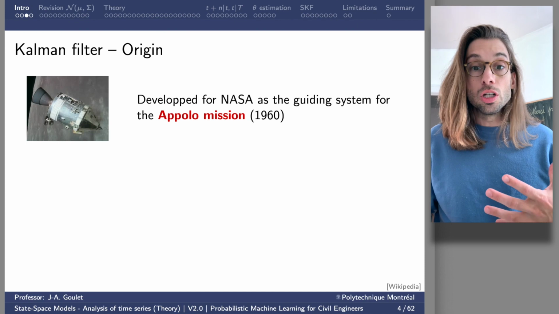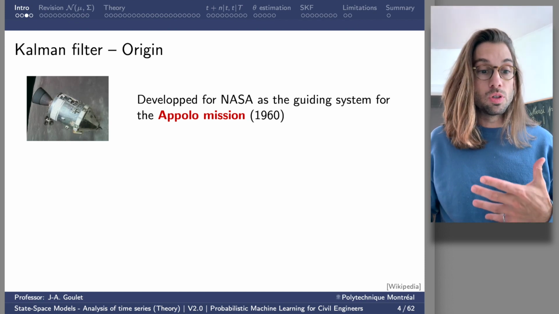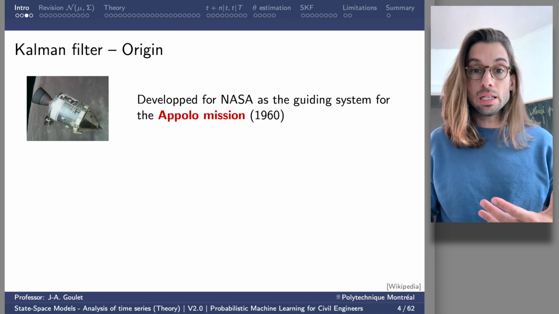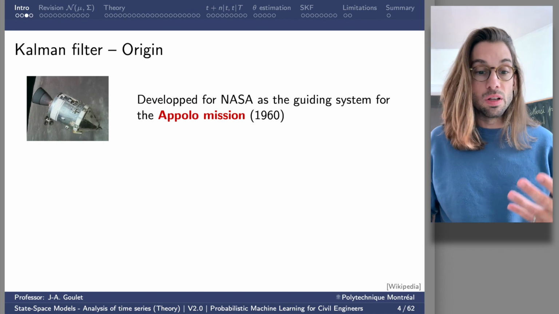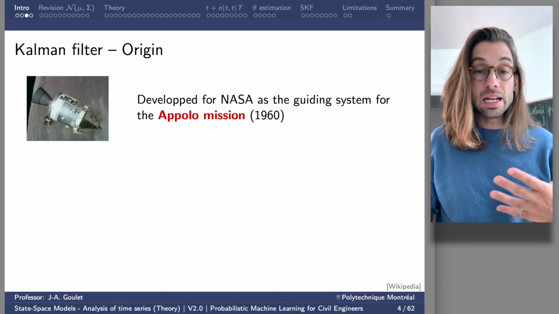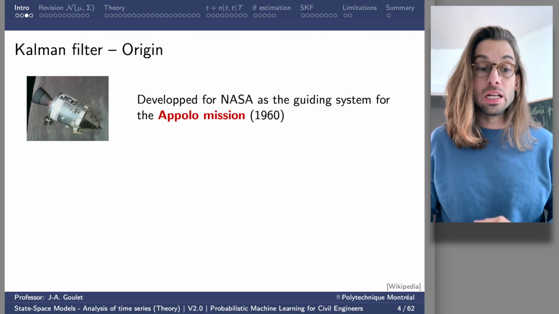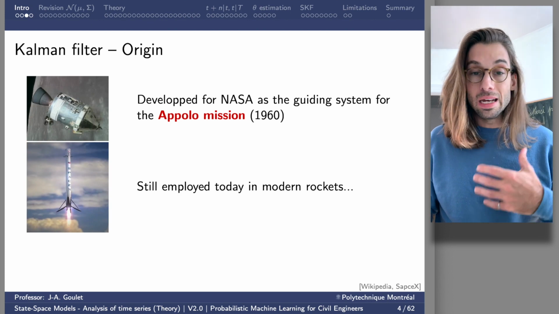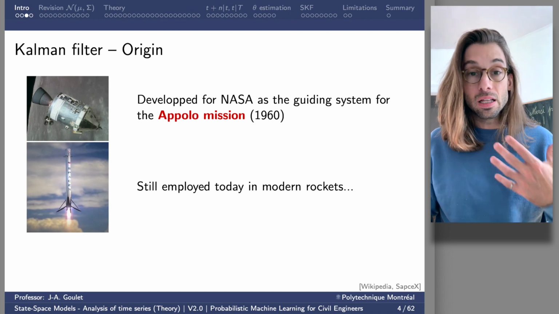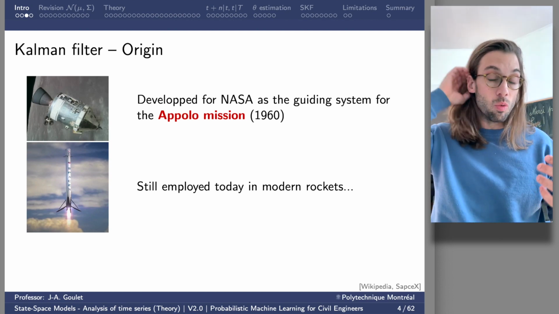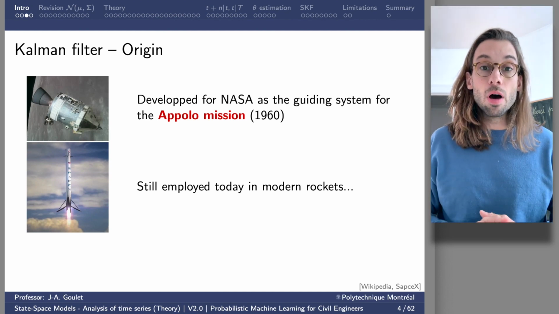The origin of this field comes from the Kalman filter. This is an algorithm that was developed for NASA as a guiding system for the Apollo mission in the 1960s. It has not become obsolete, as it is still what's used today in modern rockets.